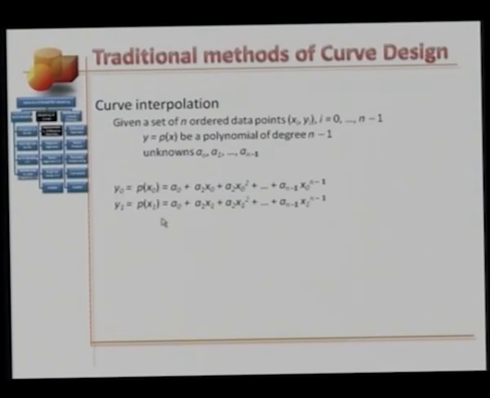Likewise, if we substitute x equals x1, the left hand side will be y1, and the right hand side will be a sub 0 plus a1 x1 plus a2 x1 squared, and so on and so forth, the last term being a sub n minus 1 x1 raised to n minus 1. We can keep on substituting.